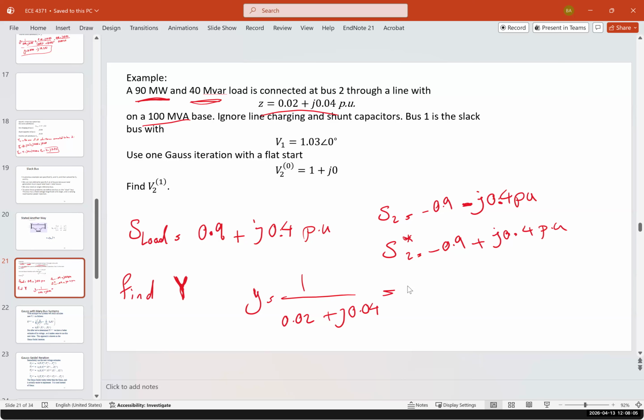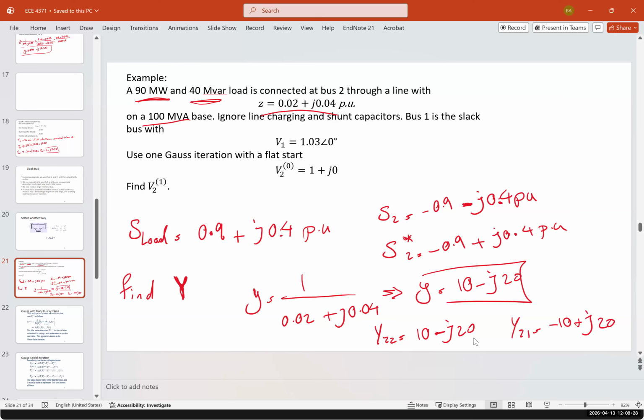If we calculate this, it would be 10 minus j20. Therefore, Y22 is going to be 10 minus j20, and Y21 would be equal to negative 10 plus j20.